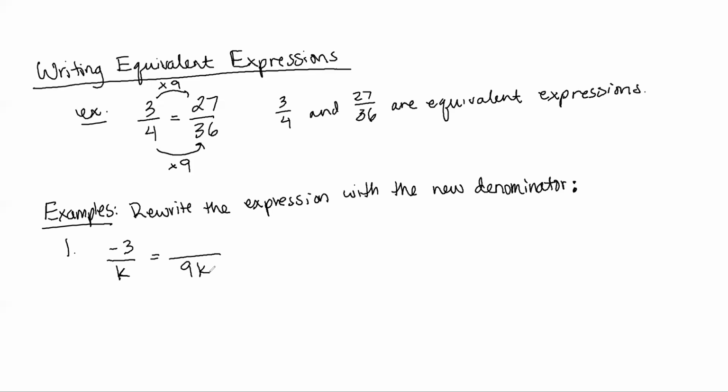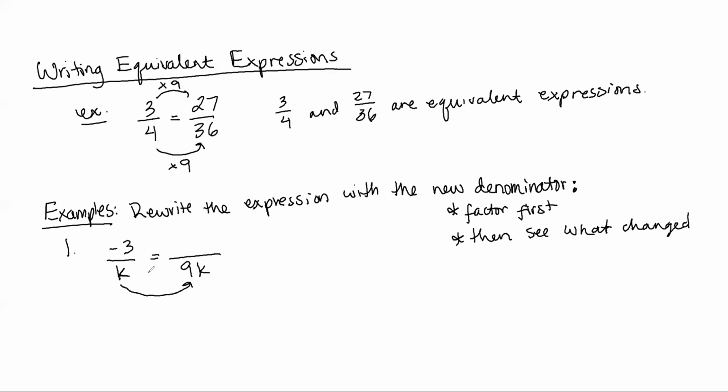So first thing you want to do is factor first if you can, and then see what changed. If we look at our denominator that we were given here, I don't care what the numerator is, we're going to deal with that in a second. We went from a k to a 9k.